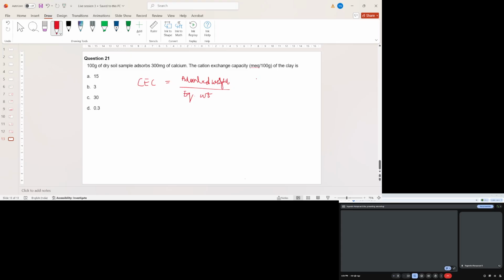Now, calcium. This is how the calcium ion is depicted. Now, how to calculate equivalent weight? Equivalent weight is defined as atomic weight over valency.